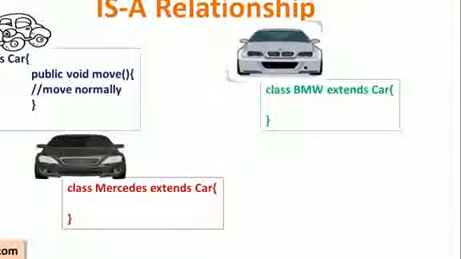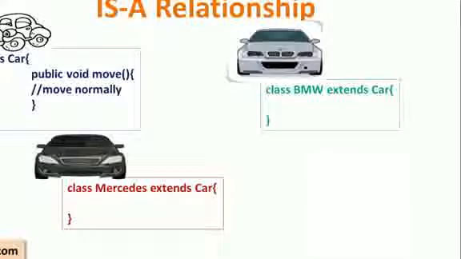Please remember, the overriding concept is applicable for the superclass and subclass relationship. You can see that I have extended the BMW class with the Car class, and Mercedes extends Car. Without this relationship, overriding will not work.